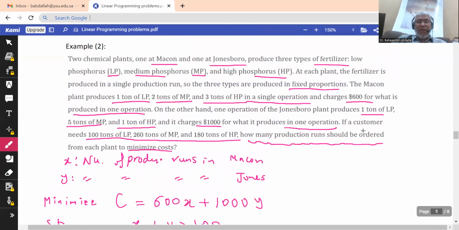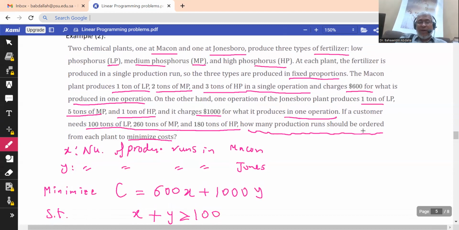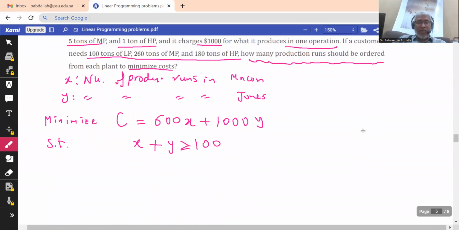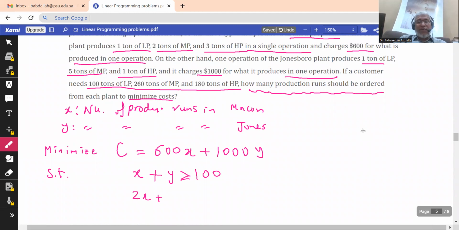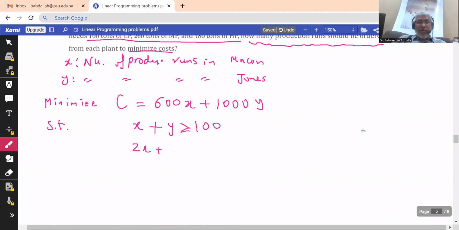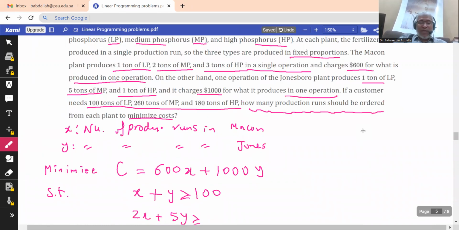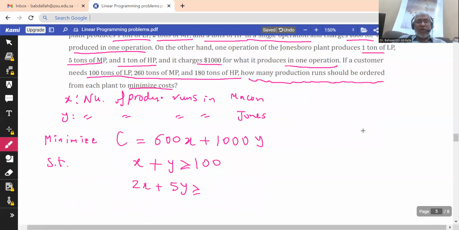From MP, I need 260 tons. 2 from Macon, so 2 times X, and 5 from Jonesboro, so 5 times Y. This gives me all the MP I can produce, and it should be greater than or equal to 260 because this is what I need.